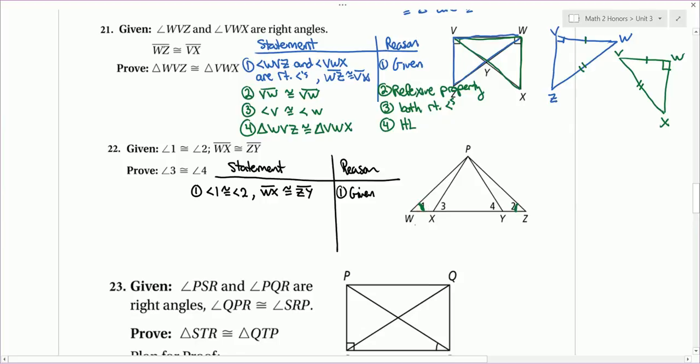Because angle 1 is congruent to angle 2, if you look at the large triangle, triangle WPZ, we get that that's an isosceles triangle.